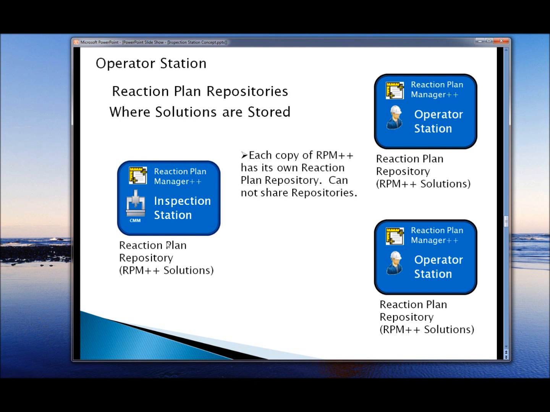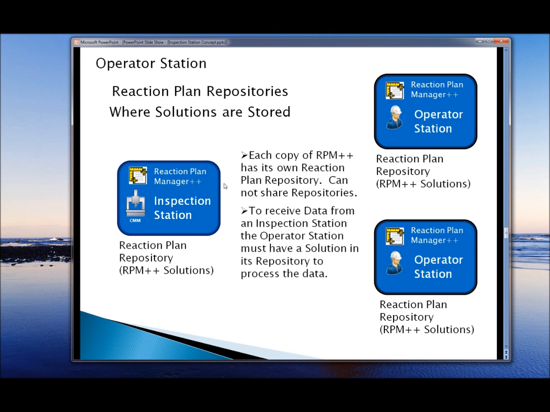You cannot share repositories, so I have to have a unique repository for the inspection station and for each operator station. To receive data from an inspection station, the operator station must have a solution in its repository to process the data.